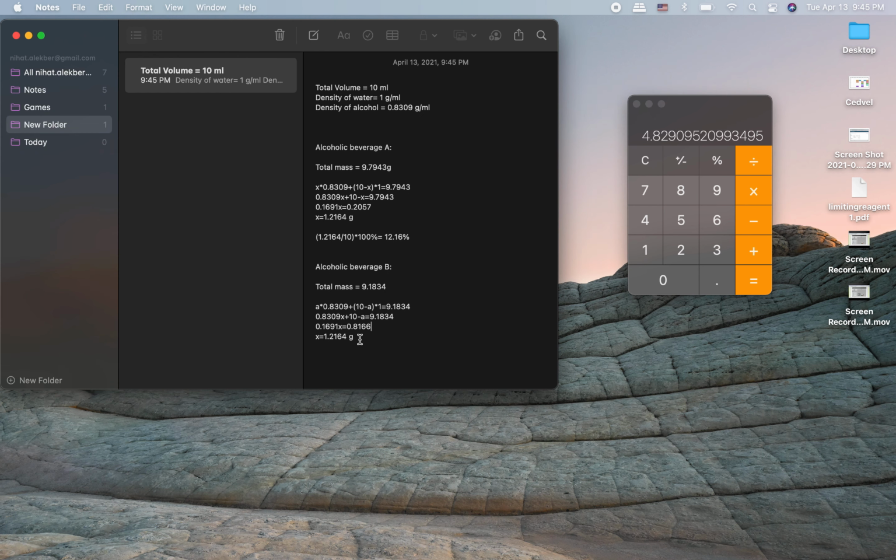Here we go. We got 4.8290, and as we did, divided by 10, and the result multiplied by 100%, and we will get 48.29%.